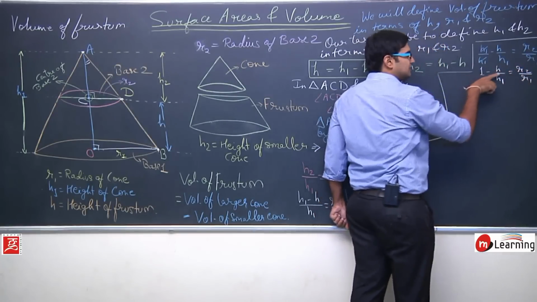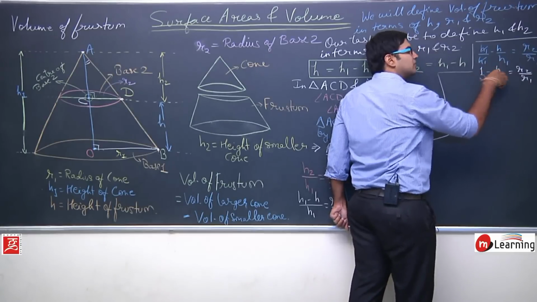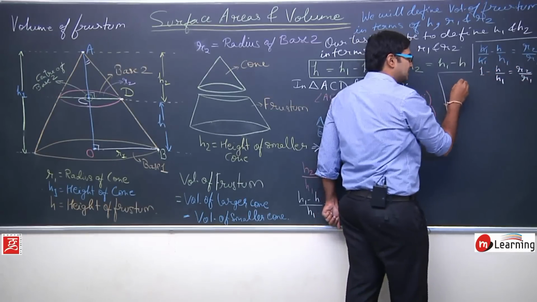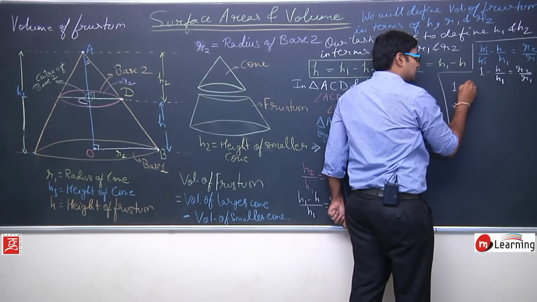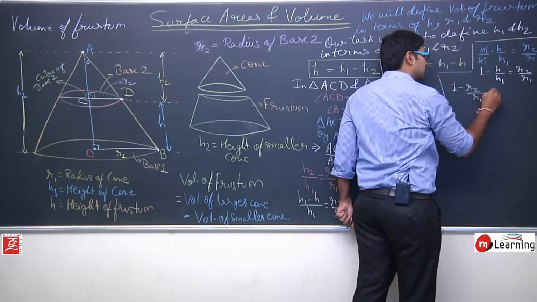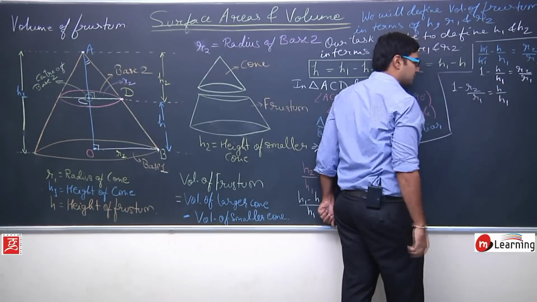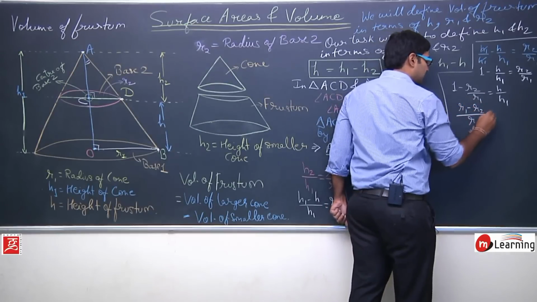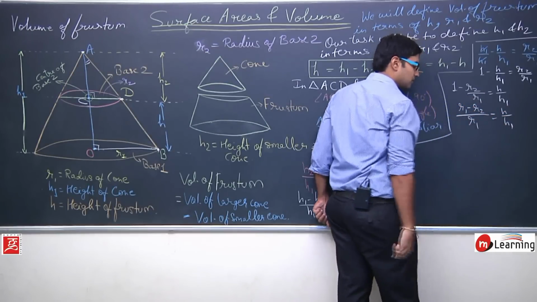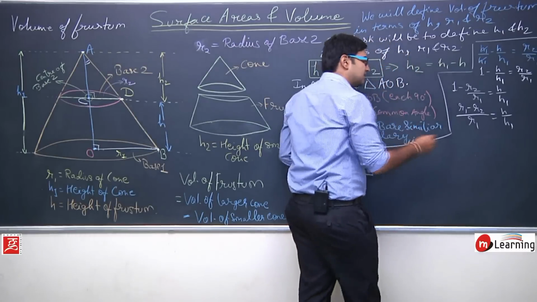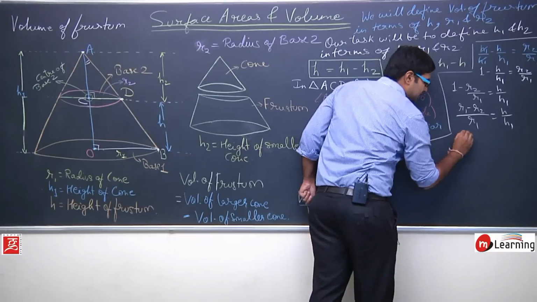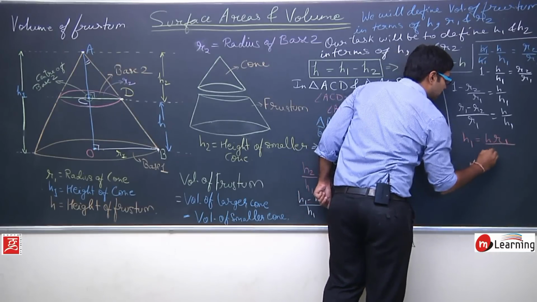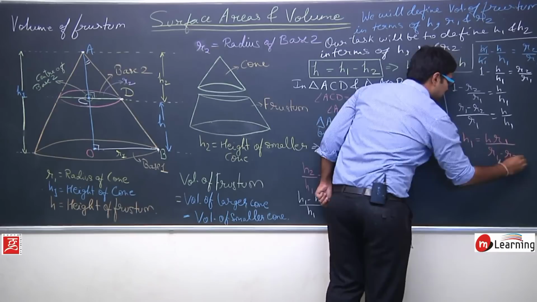Let us shift H upon H1 to the RHS and bring R2 upon R1 to the LHS, and you will get 1 minus R2 upon R1 is equals to H upon H1. So you get R1 minus R2 upon R1 is equals to H upon H1, and if you cross multiply this, you will get H1 is equals to H times R1 upon R1 minus R2.